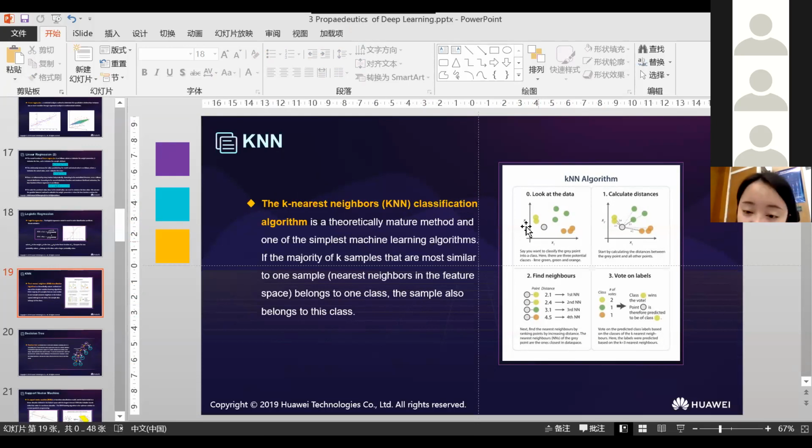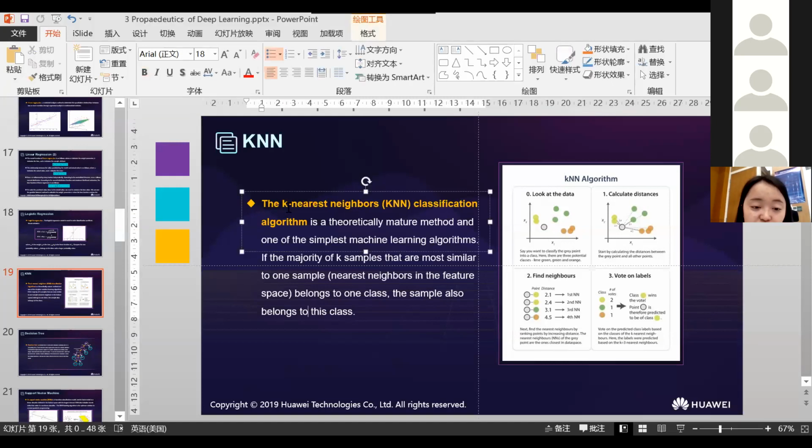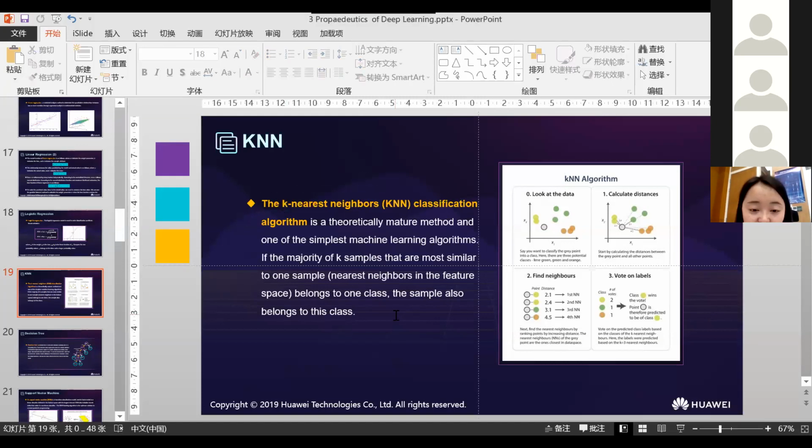If we have a new sample, one thing we need to be careful about is that for KNN, we don't need to train the model because KNN doesn't have any parameter except for the hyperparameter. And it's a supervised learning algorithm. So every corner means one label. So that is maybe group 1, group 2, group 3.